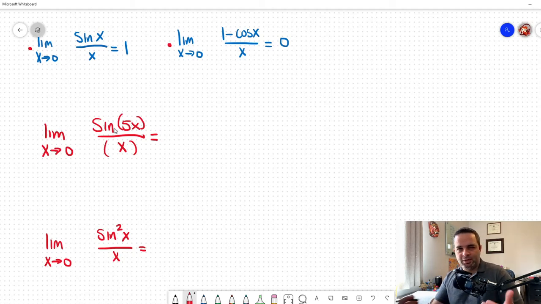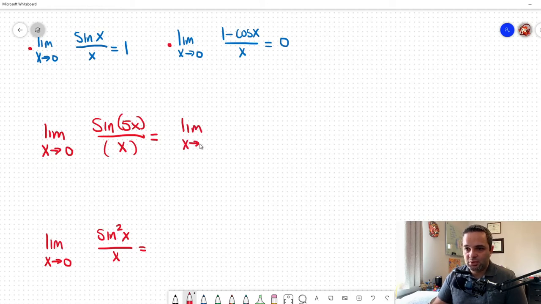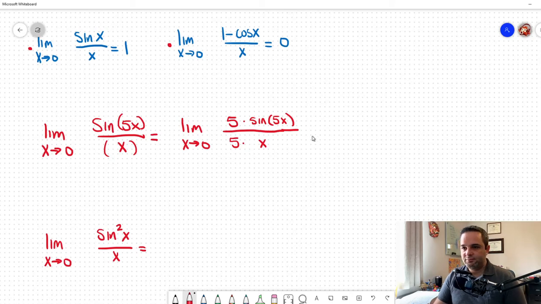But I can't just multiply one side of the fraction. I have to multiply both the top and the bottom by 5. By doing that, and again, I'm always rewriting the whole limit. Don't just write the body of the limit; you need to write the limit as x approaches 0 at the front as well.